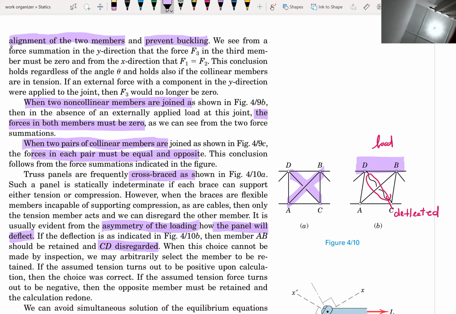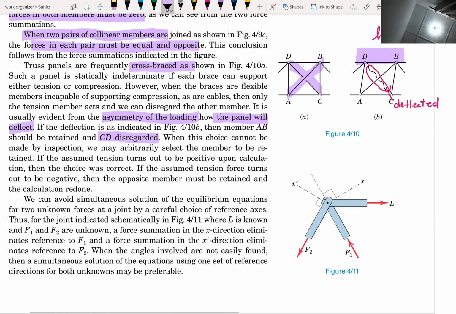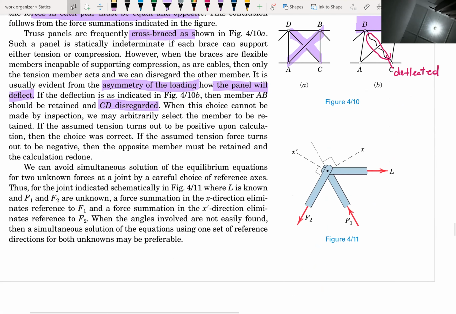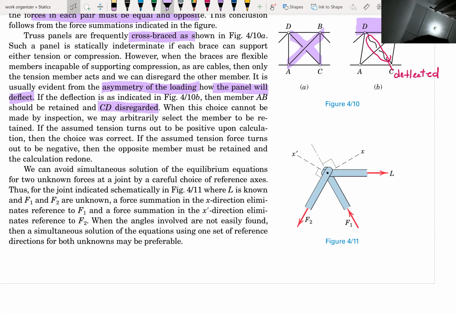We can avoid simultaneous solution of equilibrium equations by carefully choosing the right reference axis.